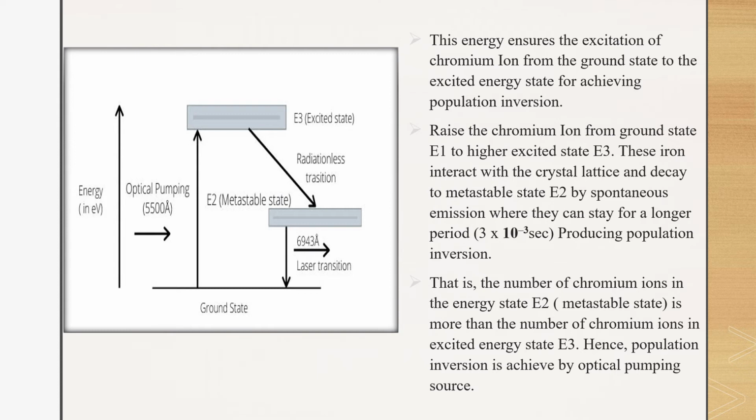That is, the number of chromium ions in the energy state E2, the metastable state, is more than the number of chromium ions in excited energy state E3. Hence, population inversion is achieved by the optical pumping source.